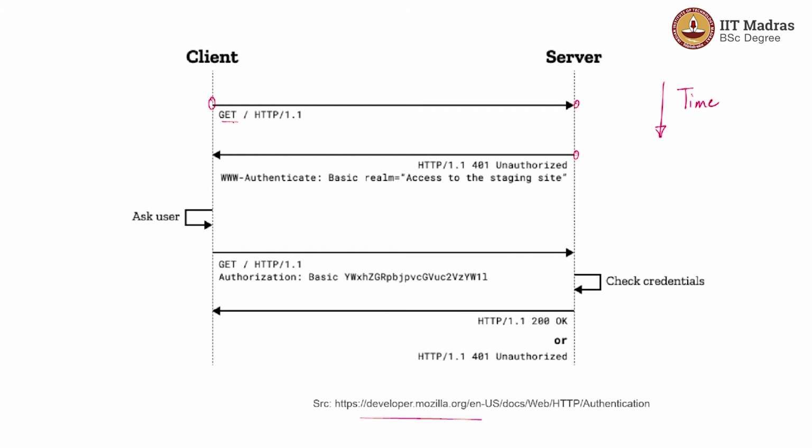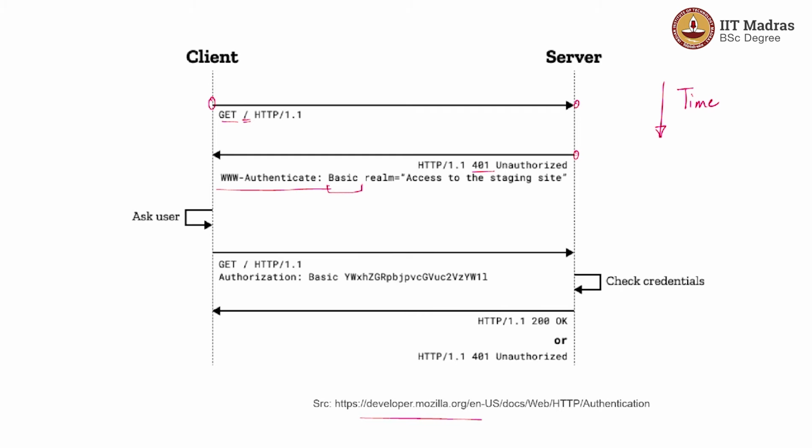As a client, I tried to request the URL. The server responds with a 401 unauthorized, and in addition, it also gives me a WWW-Authenticate header, which gives some information about the type of authentication that it is willing to accept.